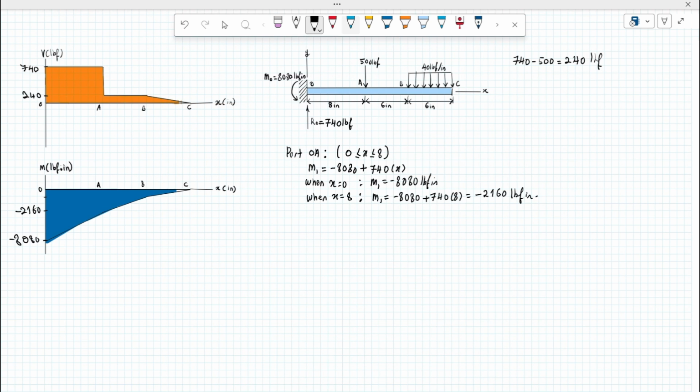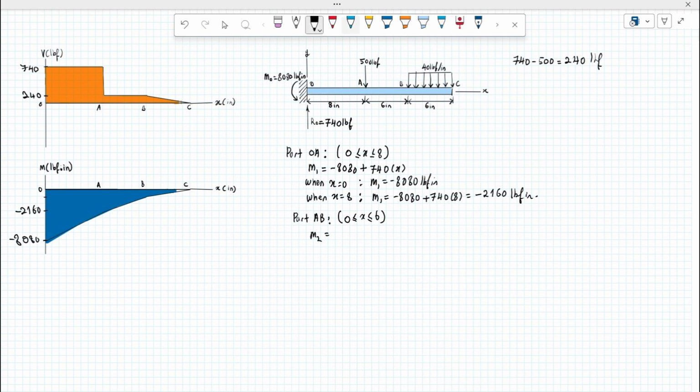So after that, we're gonna go to part A to part B, which is from 0 up until 6. So at here it is 0, and then until here it is 6.